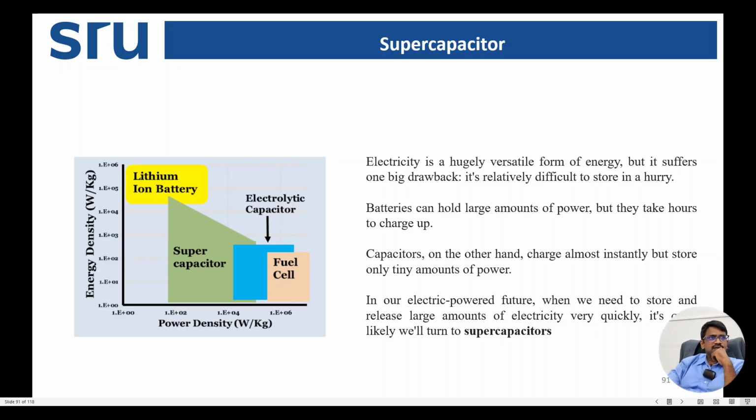So here, supercapacitors are in between, as I said earlier, capacitors and batteries. Electricity is a hugely versatile form of energy, but it suffers one big drawback. It's relatively difficult to store in a hurry. So we cannot instantly produce electricity and instantly utilize it.